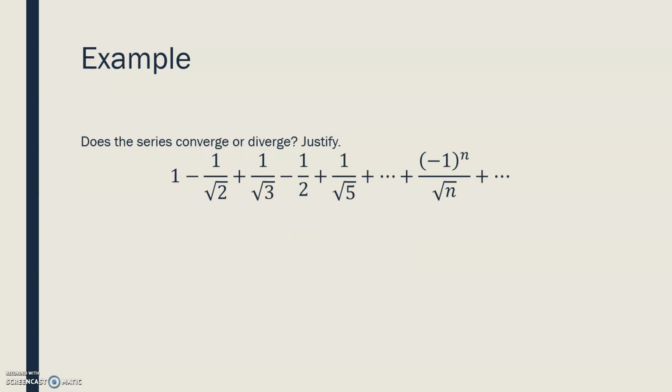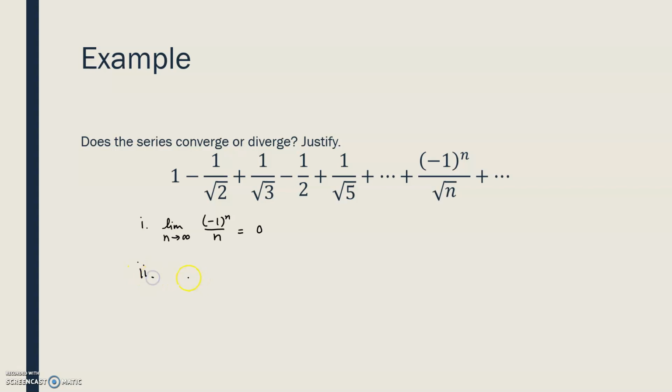Okay, here's another example. Does this series converge or diverge? We're going to justify that as well. So the first part is the limit as n goes to infinity. Well, whether it's positive or negative, we have a very small number divided by infinity, so that limit is 0. So that's the first part of the alternating series test.